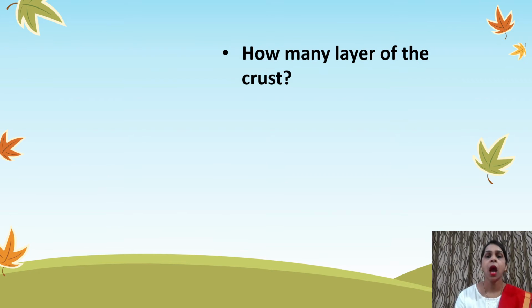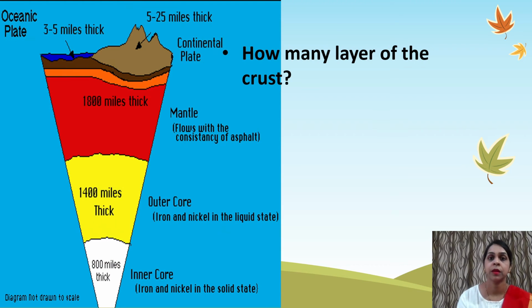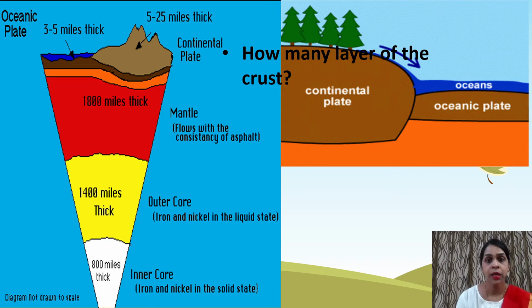Students, tell me how many types of crust there are. Yes, there are two types of crust, continental crust and oceanic crust. We also say continental plate and oceanic plate.